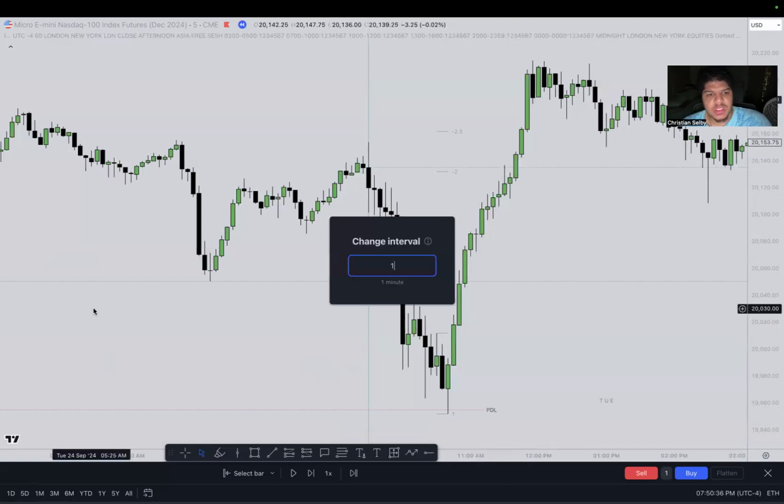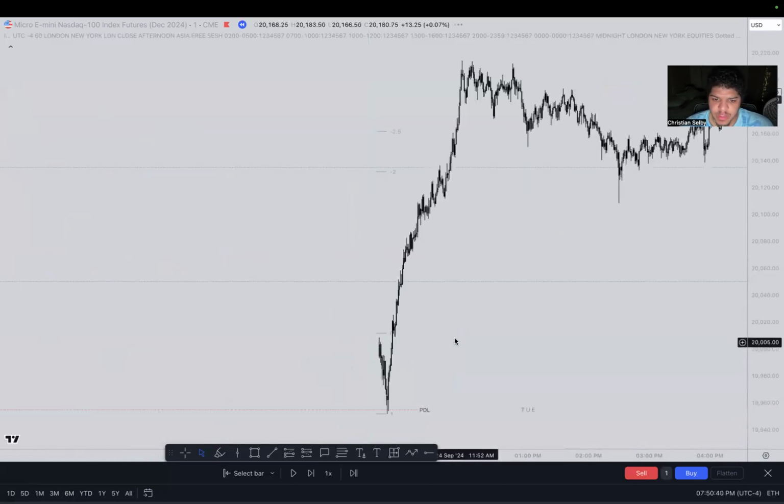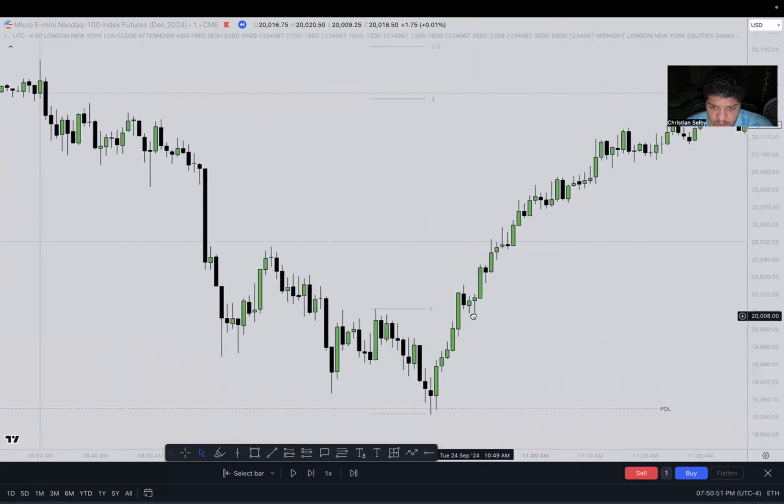So let's go down to 1 minute, and this is where the entry solidifies itself. So we have price here, price pushes lower, comes into our previous daily low, as we can see.